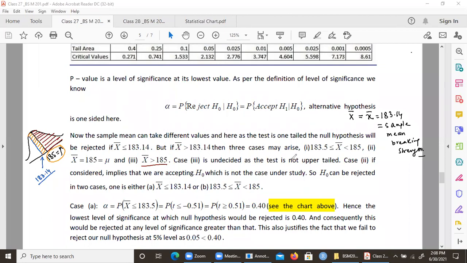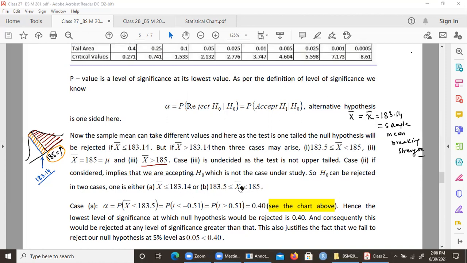So this null hypothesis can be rejected in two cases. One case is if your X bar is less than or equal to 183.14, when your null hypothesis is rejected, or if it falls within the limit 183.14 to 185. Okay, I'm writing here, it is a printing mistake, 183.15 I have written.